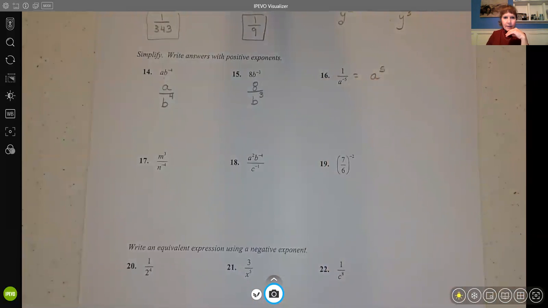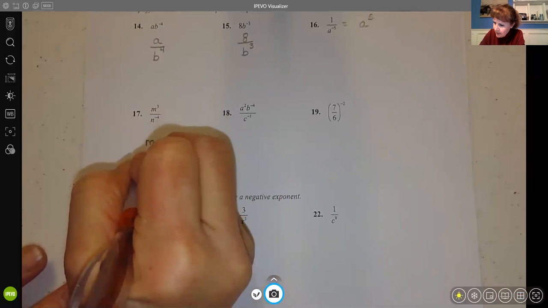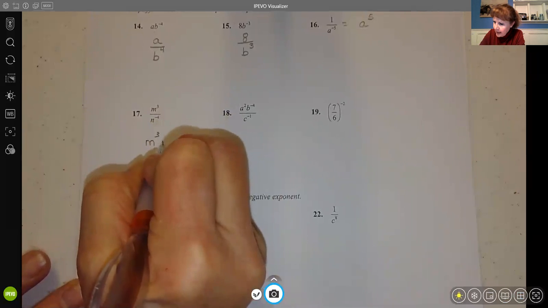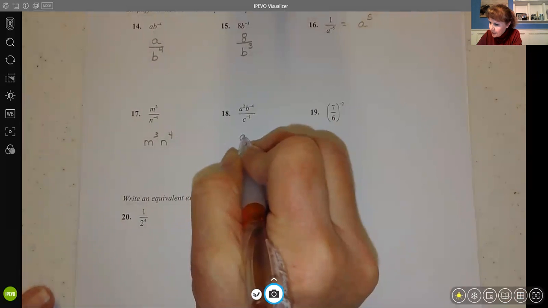All right, 17. M cubed over n to the negative 4. Again, the m cubed stays, and the n comes up and becomes positive. Perfect. 18. The a squared stays. It has a positive exponent.